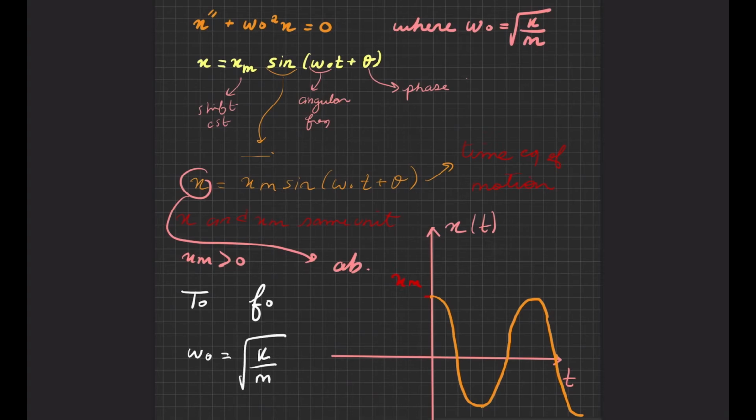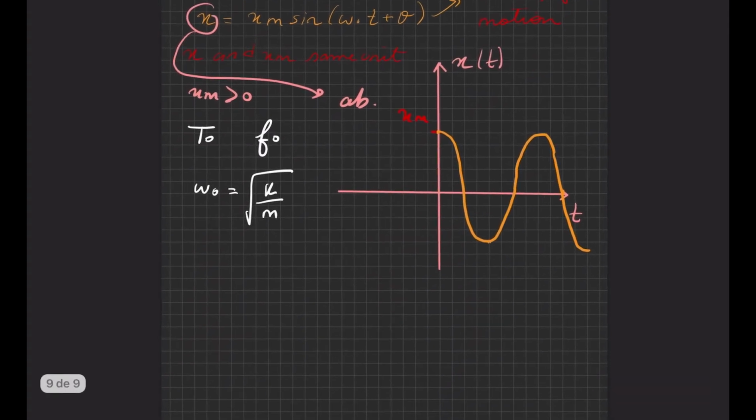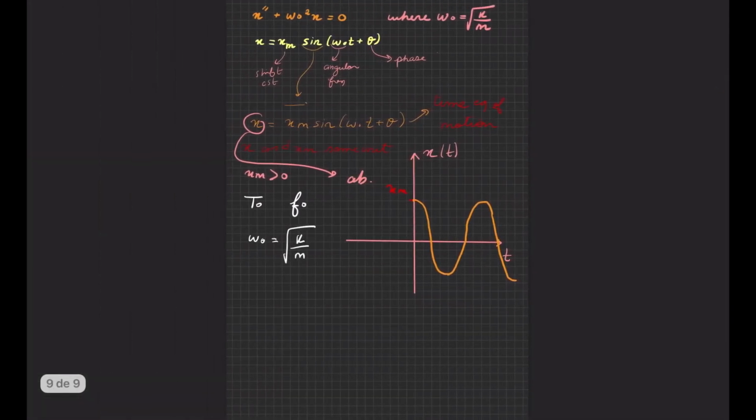It is radical k over m. K is a constant and m is a constant, making omega 0 a constant as well. Let's move to another page and try to calculate T0 and f0, the proper period and the proper frequency.